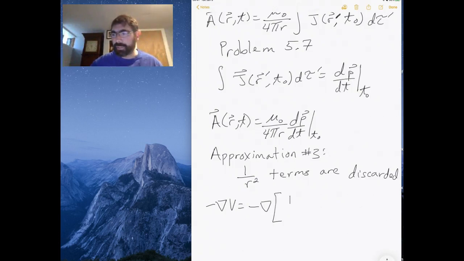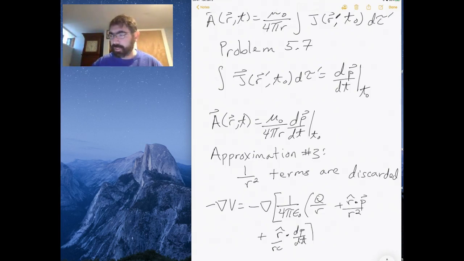We take the gradient of 1 over 4 pi epsilon naught times the monopole term, plus the dipole term. In this case, we're going to keep the time-dependent dipole term, that's over rc. We're going to take the gradient of that.